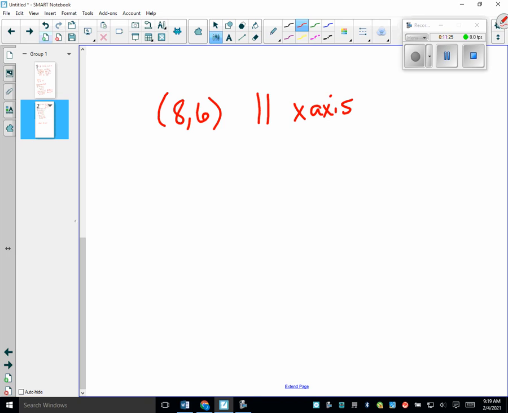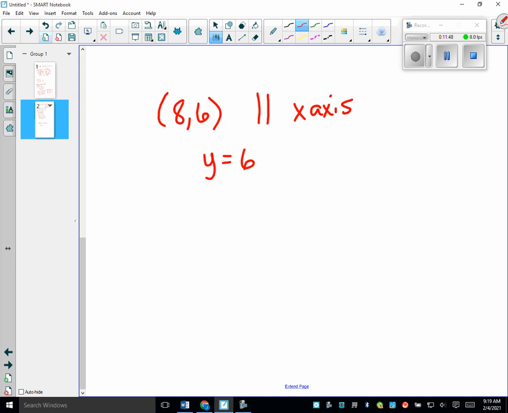Which way does the x-axis go? Left or right? If it's parallel to it, is it a horizontal line? What's a horizontal line? Y equals what? 6. That was easy, wasn't it?